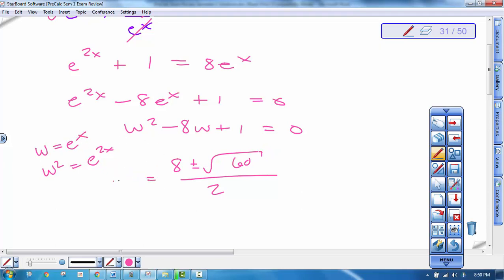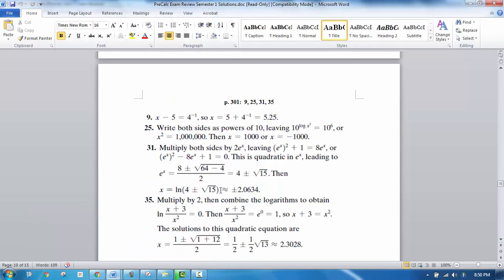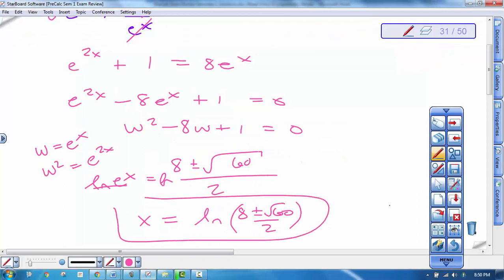So I have to write e to the x equals this, and then I have to take the natural log of both sides. So x actually equals the natural log of 8 plus or minus the square root of 60 over 2. You have to do both of those, and if you do both of those, you end up getting some decimals. Looks like you get plus or minus 2.0634 about. So that's a very, very tough problem.